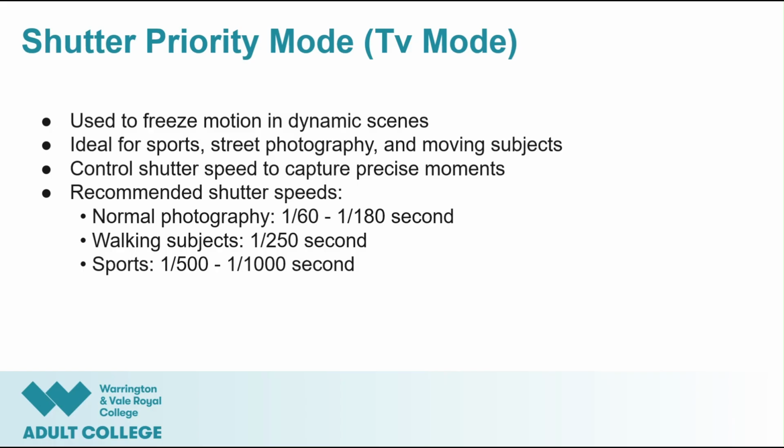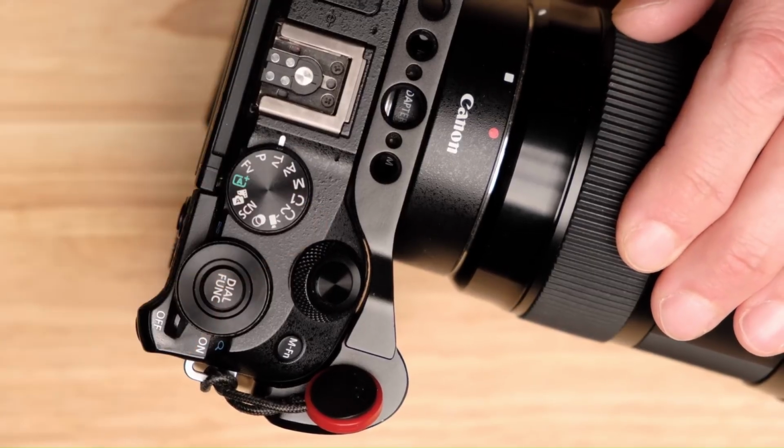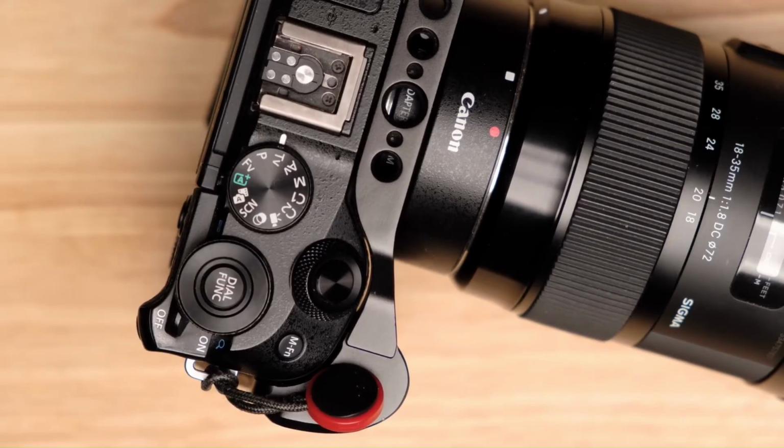Now, if you stay on, you can watch the original video, which we looked at in session. The first setting that every new photographer should be accessing is something called TV mode. On top of your camera, usually on a dial, you will see a TV, and that is shutter priority. We use shutter priority when we are trying to freeze motion in our shots.